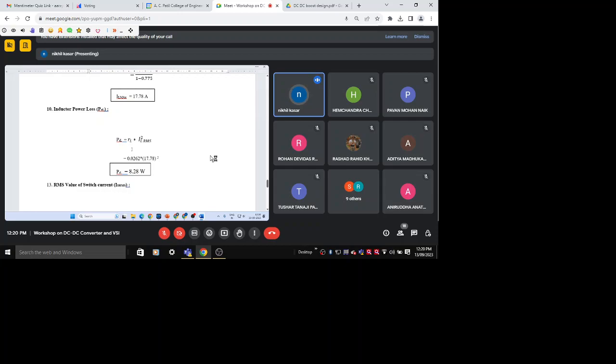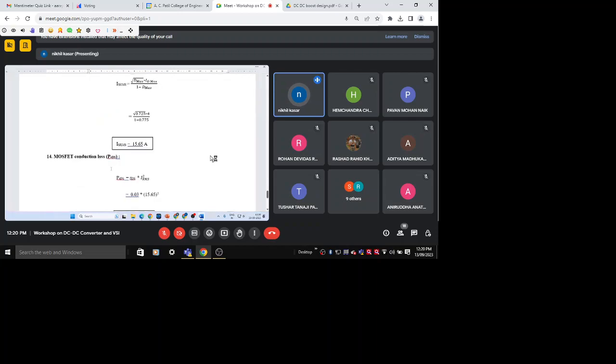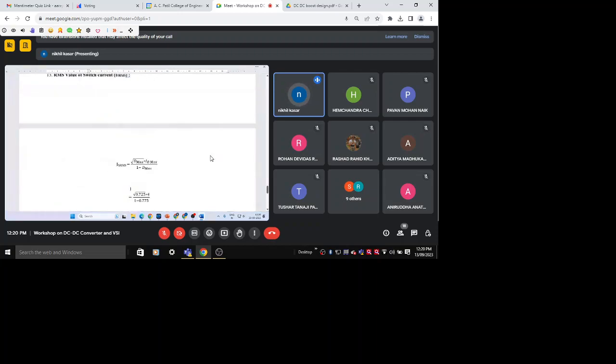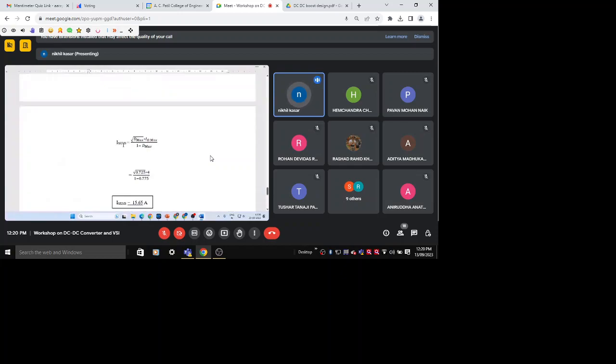Calculate this values, IRMS is going to flow through our power MOSFET, and the root multiplied by maximum. Just substitute all the values.